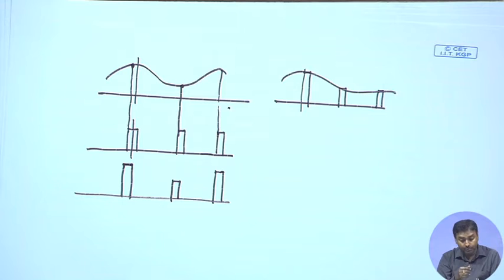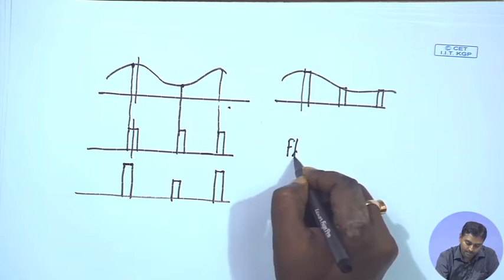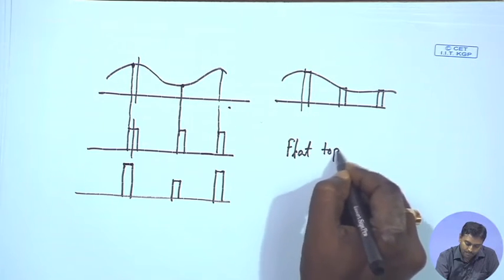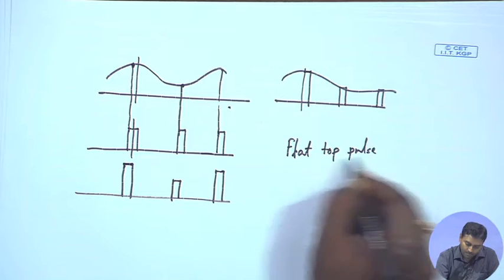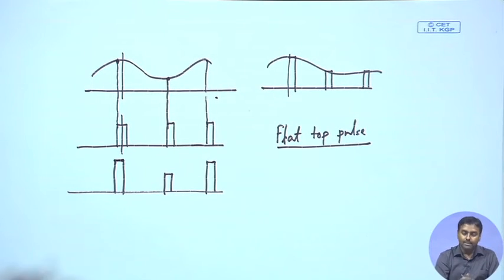So, basically what we do, we take a sample and we hold it for the pulse duration, and that is how the top of the pulse becomes flat, and corresponding pulse is called flat top pulse. This kind of flat top pulse is done by sample and hold circuit.